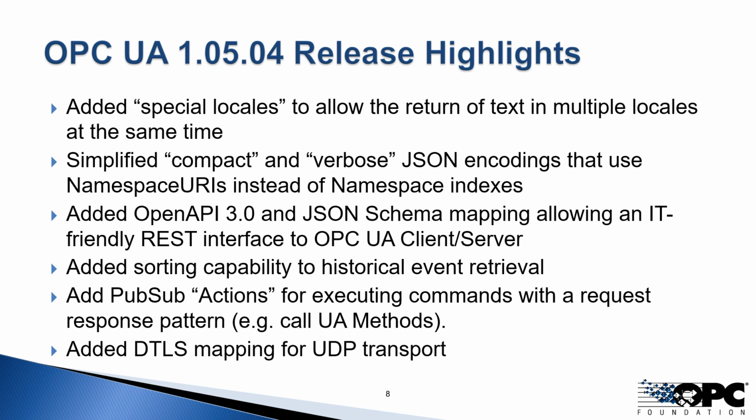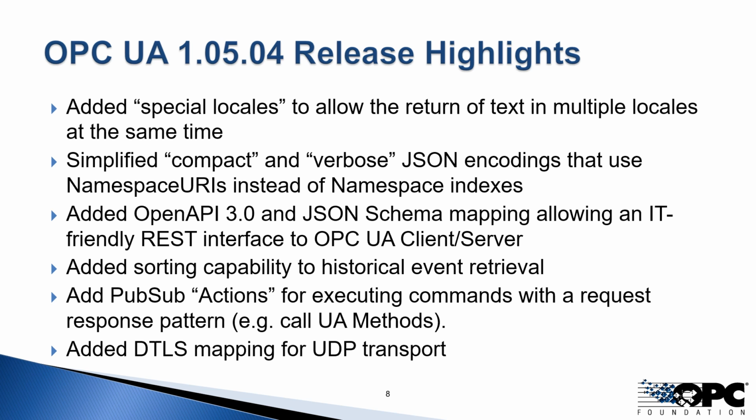But there are special cases where clients may want to have available all of the possible locales from a server for a particular value. And this allows that, specifying I want them all or I want some subset of locales to be returned all in the same call. And we also have a way to do some text substitution with that as well.